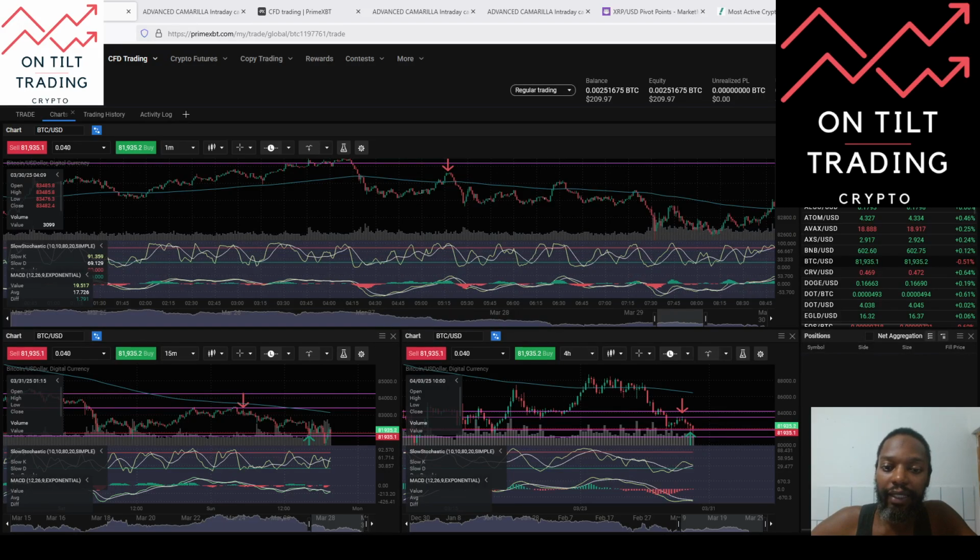Seeing that symmetry in price action across multiple time frames, and the Camarilla pivot area being a trade area, got my attention and greenlit it for a trade.